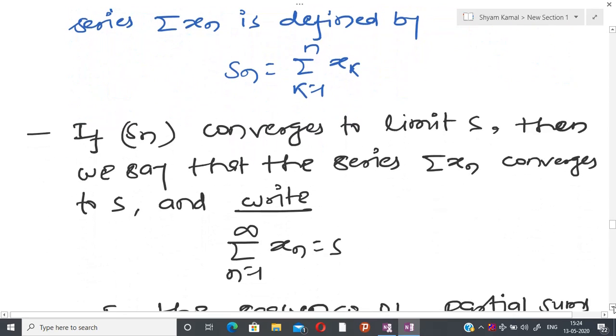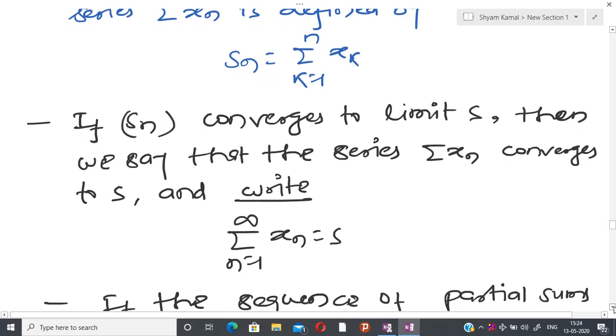If this finite summation s_n converges to some limit s, then we can say that the series, the original sequence xn, converges to s, and we can write it like this.